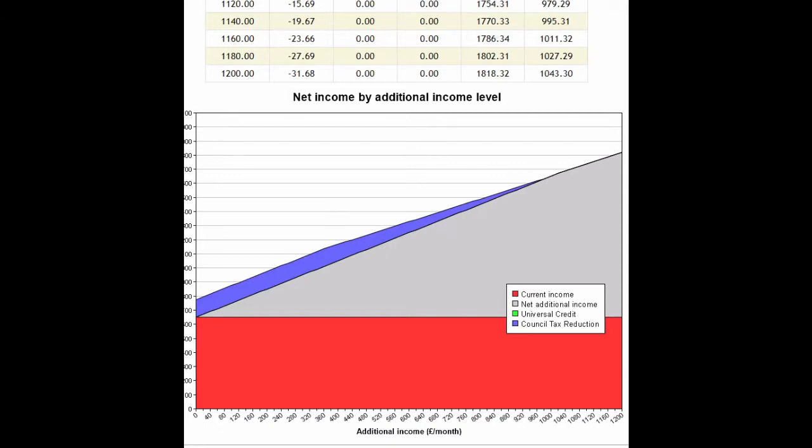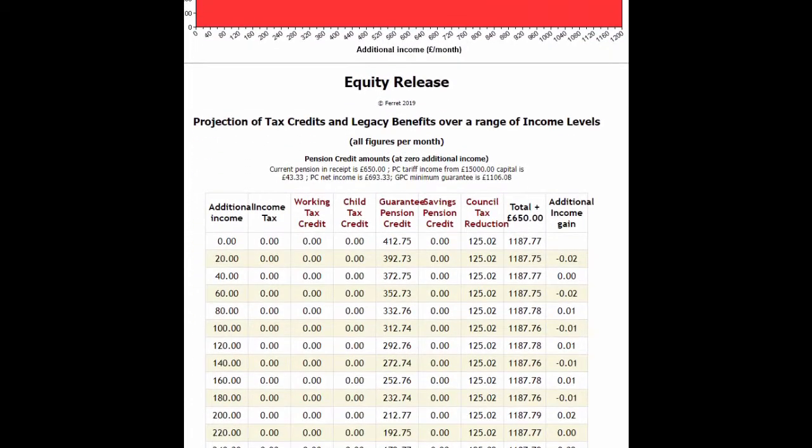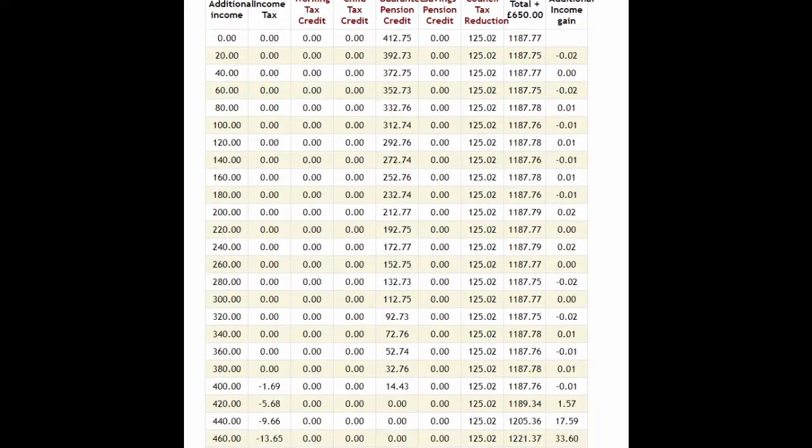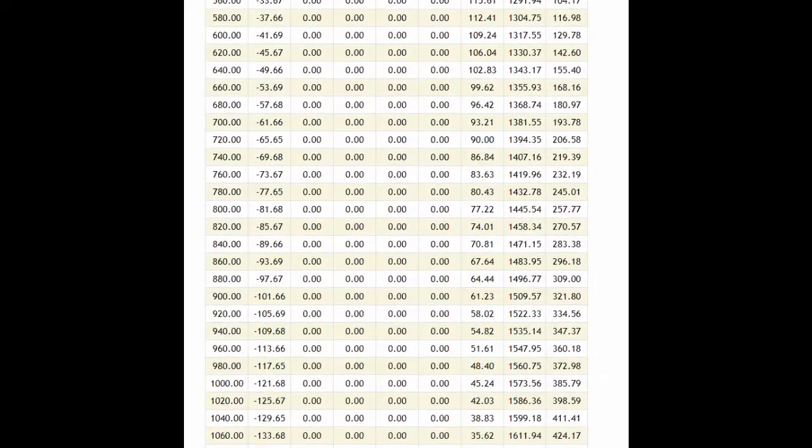Where the couple claimed benefit before that cut-off date of May the 15th, 2019, then they still continue to receive guarantee pension credit. And we scroll down, we will see that.